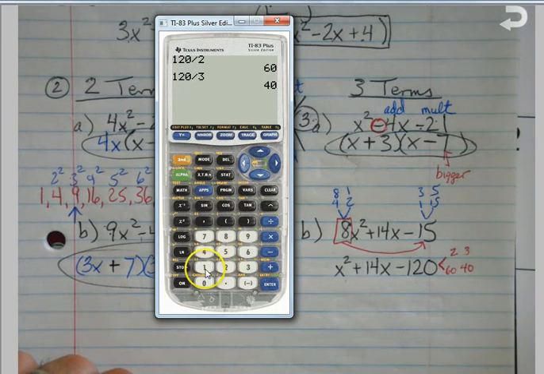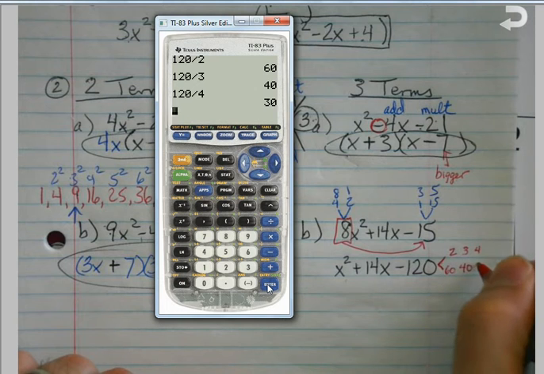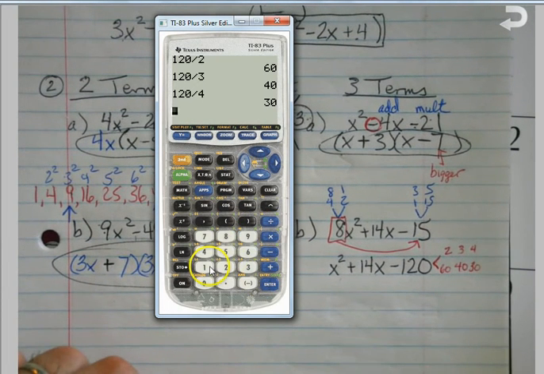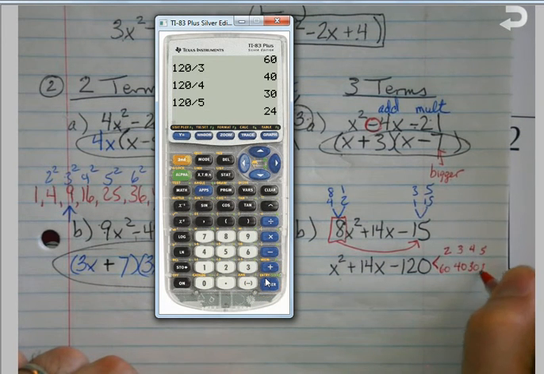Sometimes it'll go really fast and you'll find one right away, and sometimes it'll take a while. But this is when I talk about having number sense, okay? And if you struggle with dividing and stuff like that, this is something you may have to do. It's just the way it is.